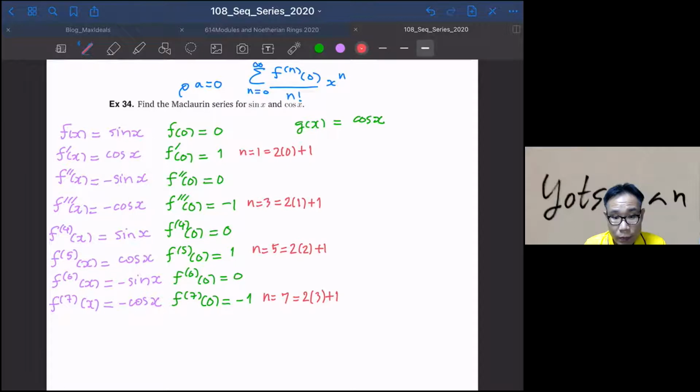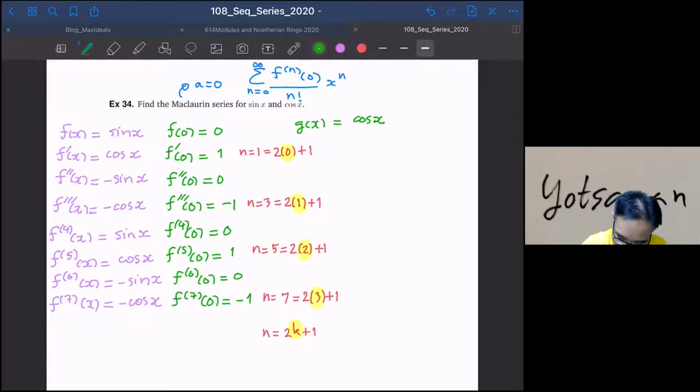So if you have n equal to 2k plus 1, the thing that determines negative or positive is going to be your k. So you see this one is 0, 1, 2, 3, and so on.